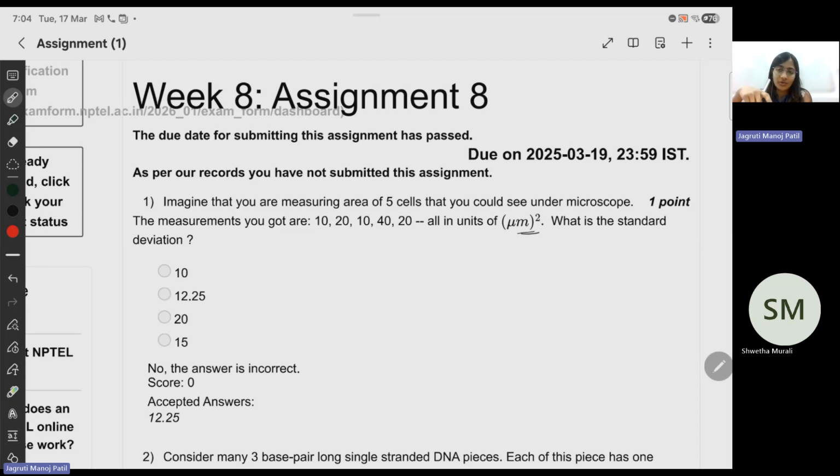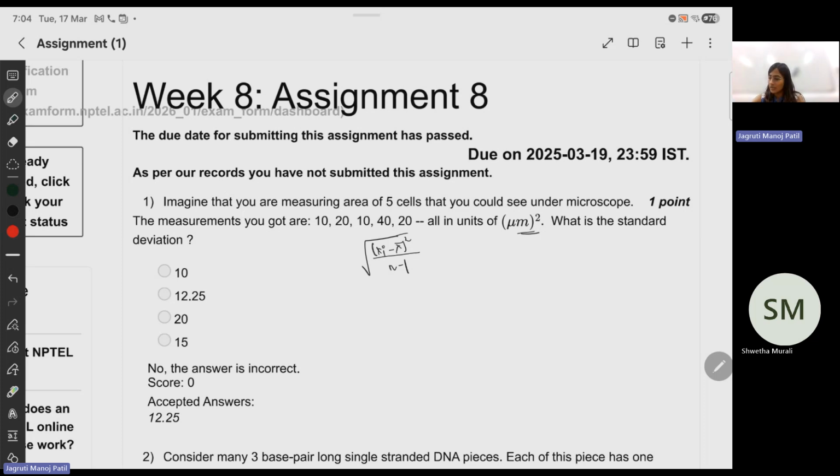So you know the formula for standard deviation now, right? Standard deviation is the square root of the sum of xi minus mean, whole squared, divided by n minus 1. So you compute it and you'll have the answer.